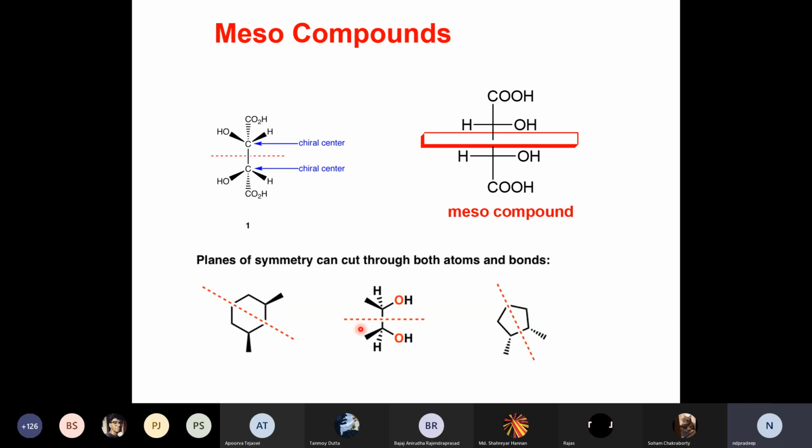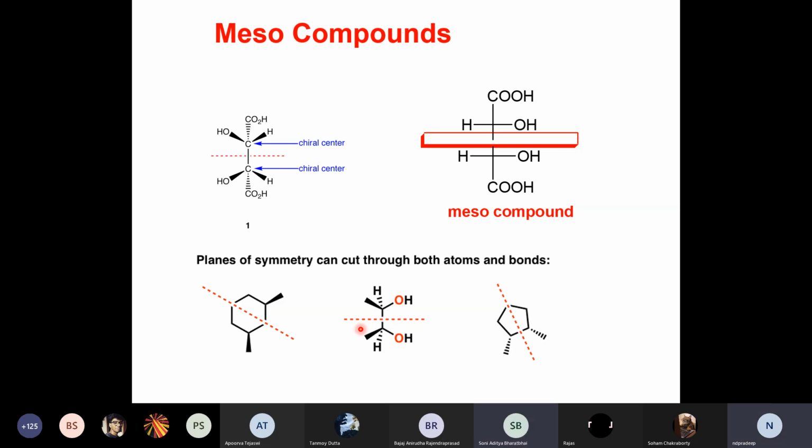I still want to familiarize you with the name, because we might give you A enantiomer, B diastereomer, C meso compound, and D identical. That's why I am putting the term here. Meso compounds are compounds having an even number of chiral centers and a plane of symmetry cutting through an atom or bond. Clear, sir?